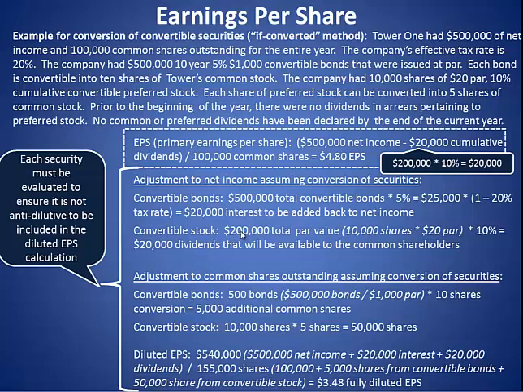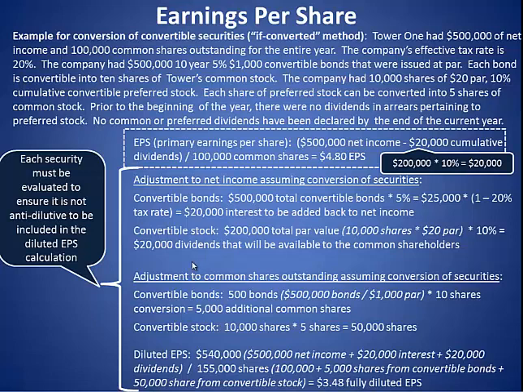So again, they have a $200,000 par value, which is our 10,000 shares times $20 par, times our 10% dividend rate equals the $20,000. So that's our adjustments to net income available to shareholders.